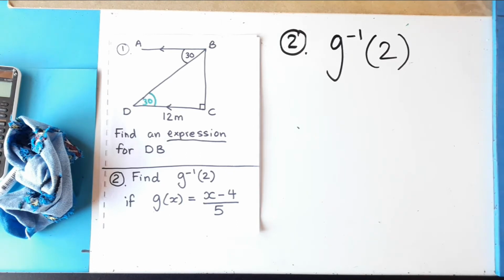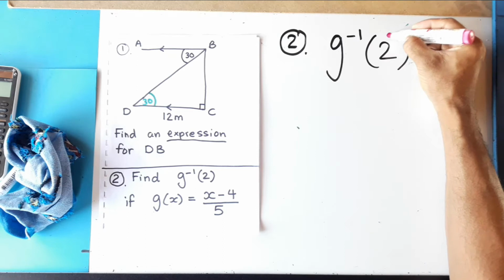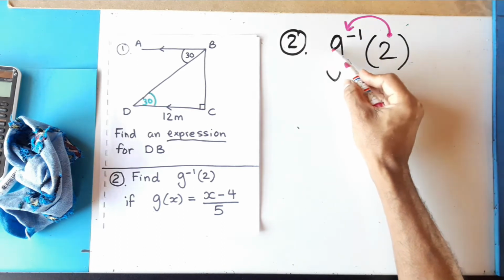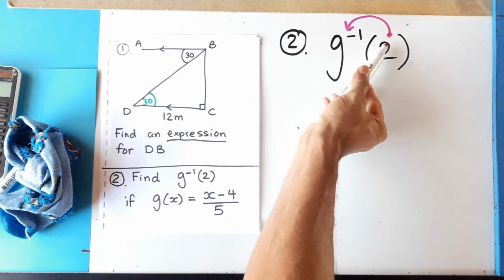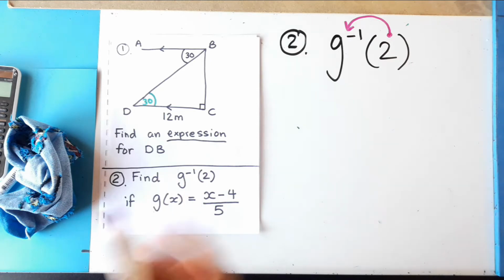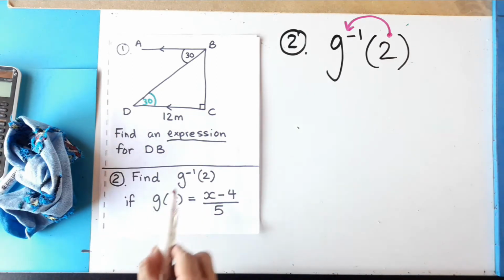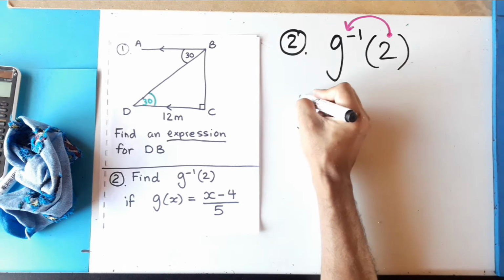With functions, you usually work backwards, meaning that I have to take 2 and put it into not g, but g inverse. Now, I cannot put 2 into g inverse unless I have the inverse of g in the first place. So for this question, we are going to have to find the inverse of g(x) before we substitute 2 into it. So let's go ahead and find the inverse of g(x).